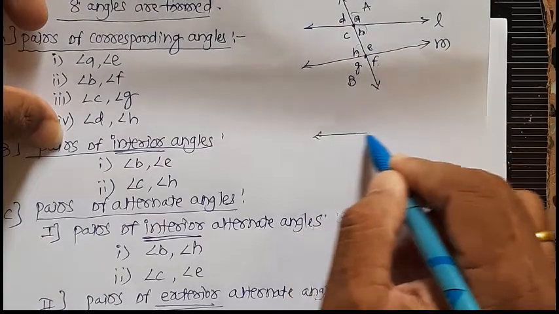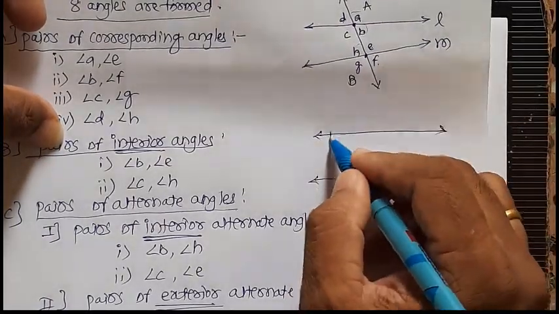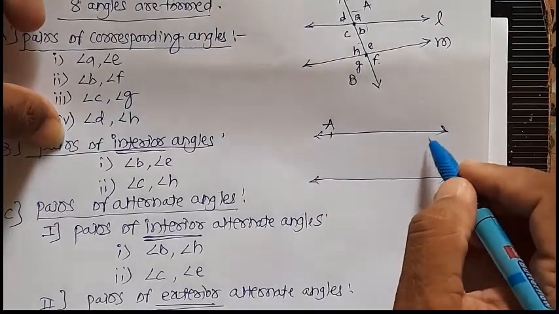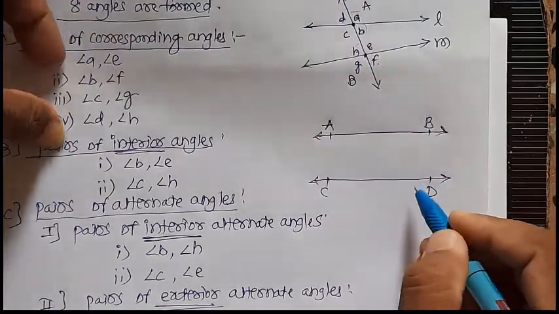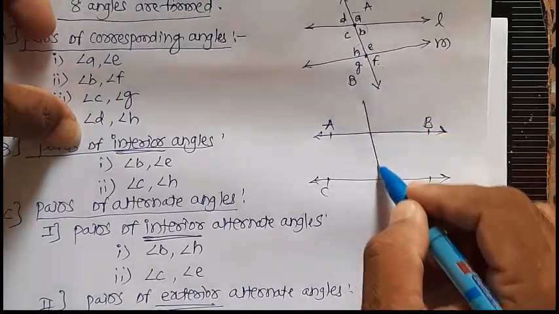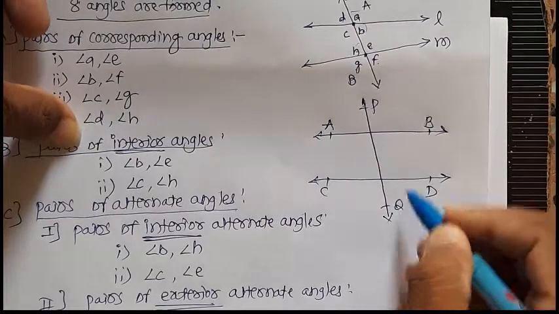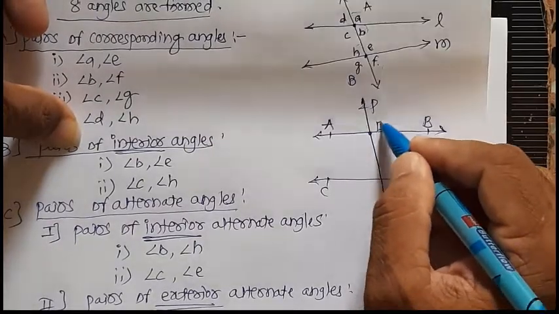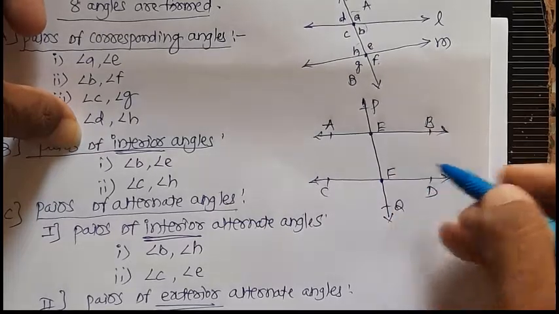We draw here one line, and suppose this is another line. Name those lines as AB and CD. And there is a transversal PQ, suppose, which intersects the line AB at point E and line CD at point F.